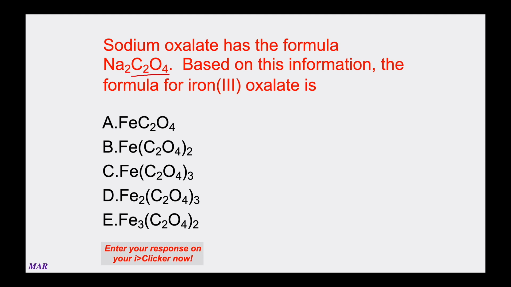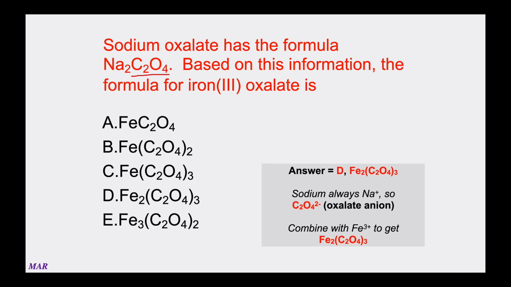So to make the +3 iron and the -2 oxalate balance, you can use crossover or you can use a common denominator, whatever you want. You should find that answer D is the correct answer. Iron +3 times the 2 of them there would give you +6, and 3 -2 oxalates would give you -6. +6, -6. Everybody's happy. You're good to go.